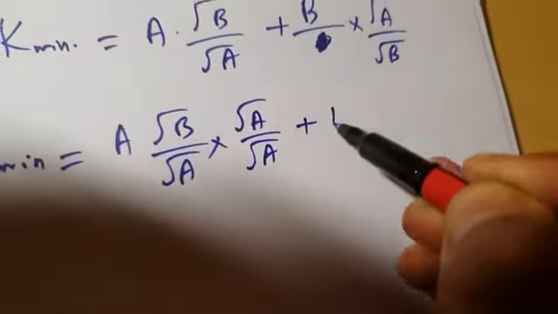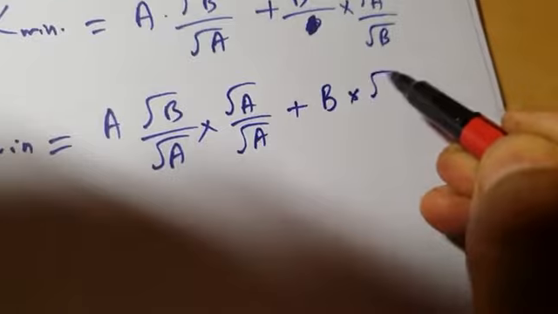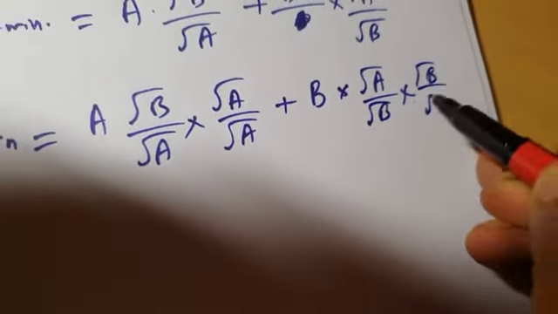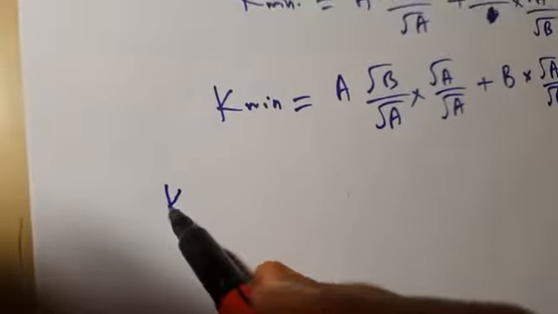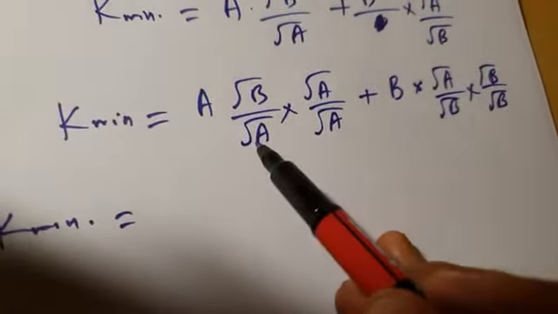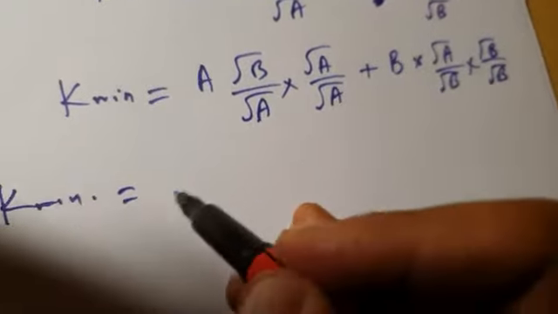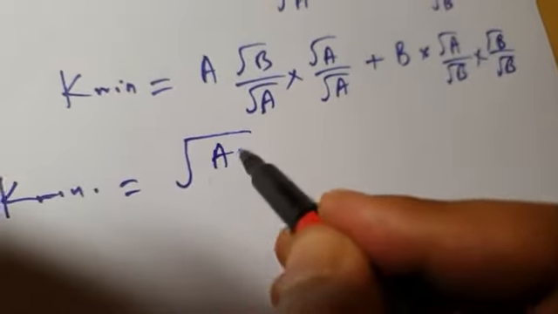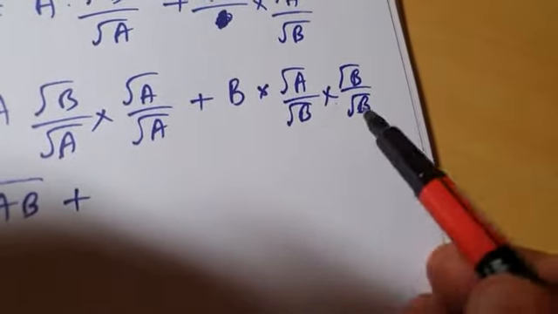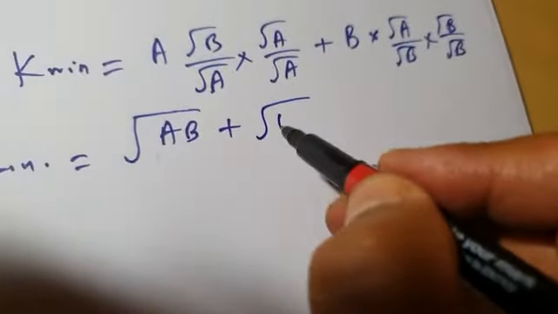Similarly, for the second term I will rationalize B into under root A by under root B, multiplied by under root B by under root B. So minimum cost of filter will be equal to, under root A into under root A is A and A goes, so this is under root of AB, plus here under root B into under root B is B and B goes, so it is again under root of AB.